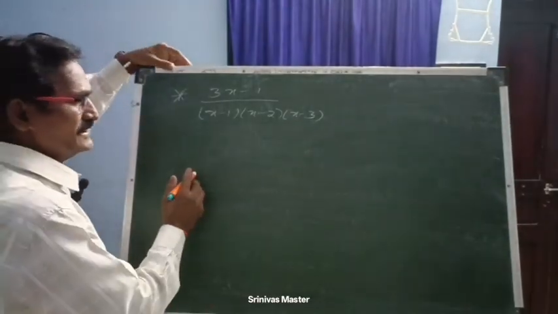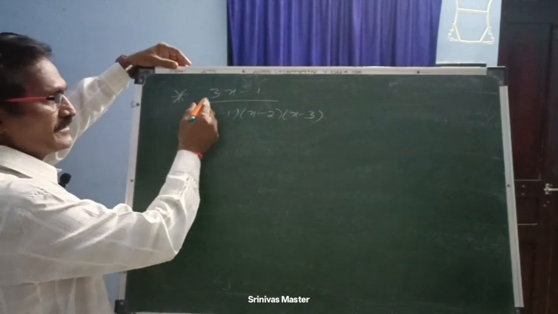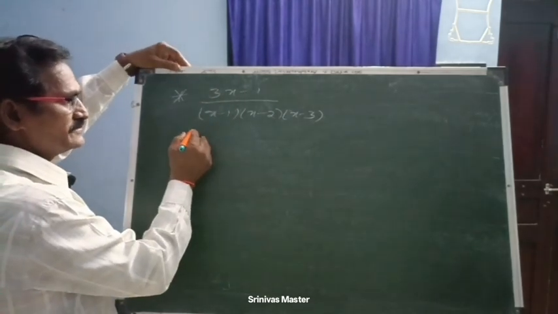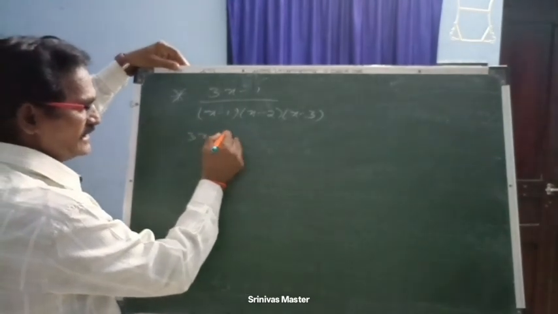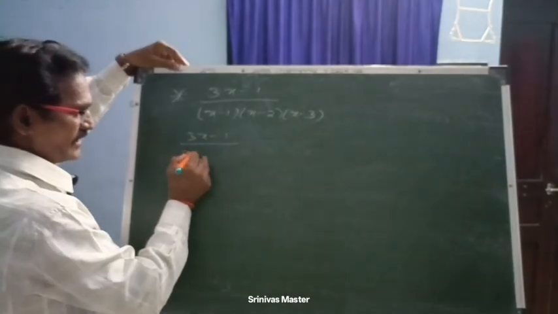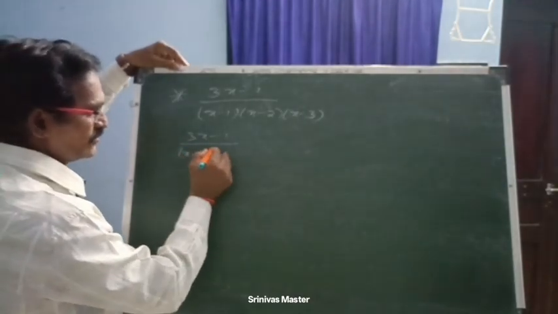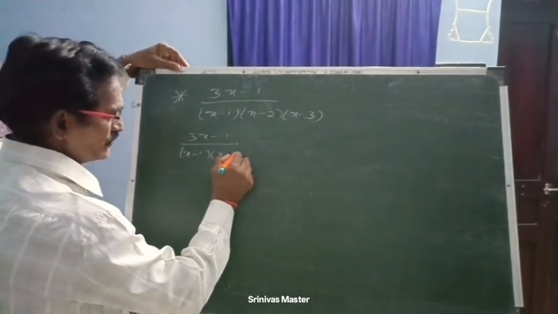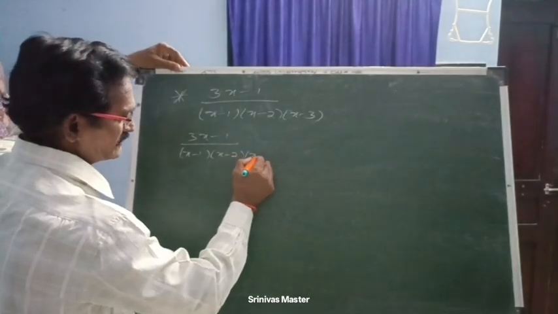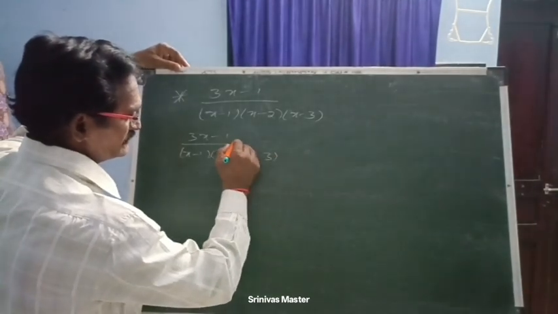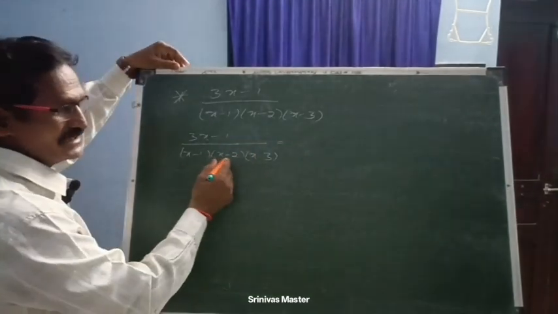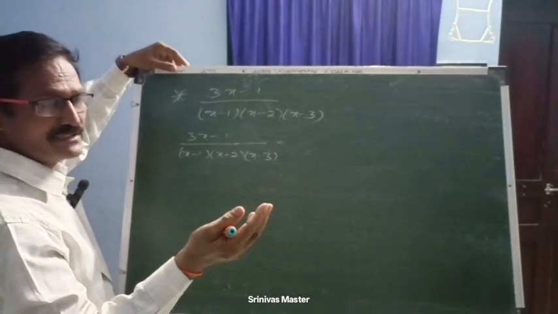Okay. That means, see children, 3x minus 1 by x minus 1 into x minus 2 into x minus 3 is equal to, there are 3, no? Then what real numbers will enter?